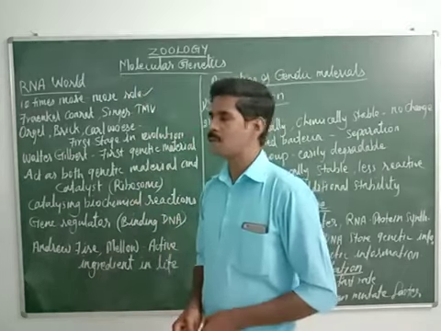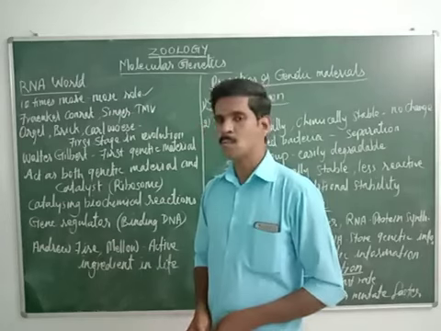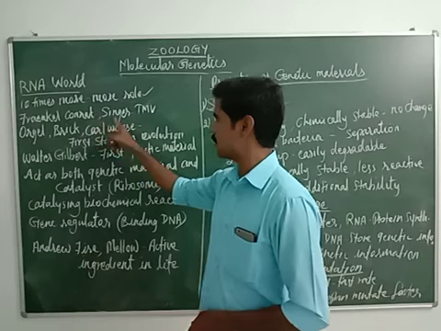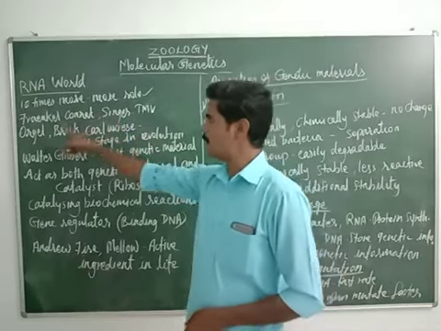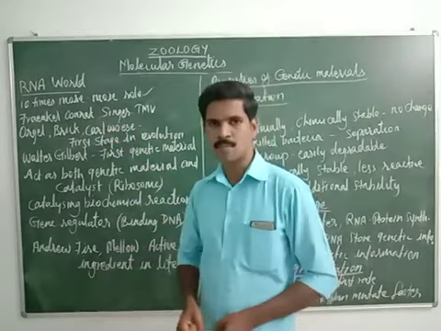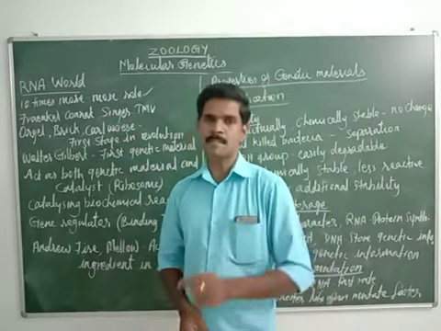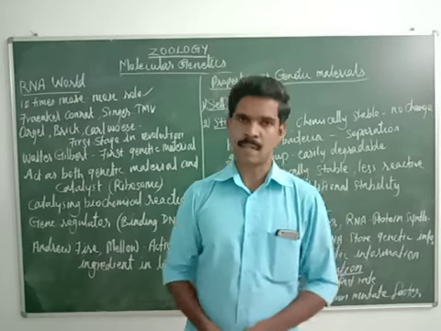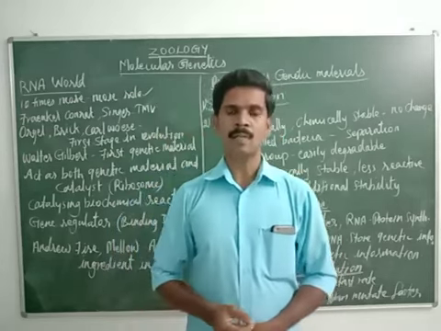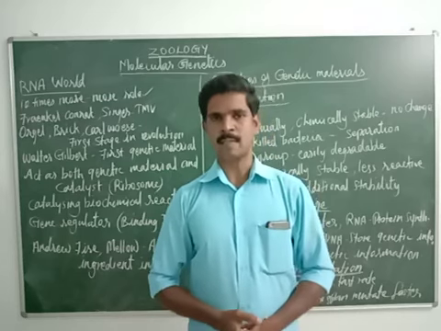The second point about the RNA world is about two scientists, Fraenkel-Conrat and Singer. These two scientists observed that some viral species consist of RNA. That means in some viruses, the RNA molecule acts as the genetic material.